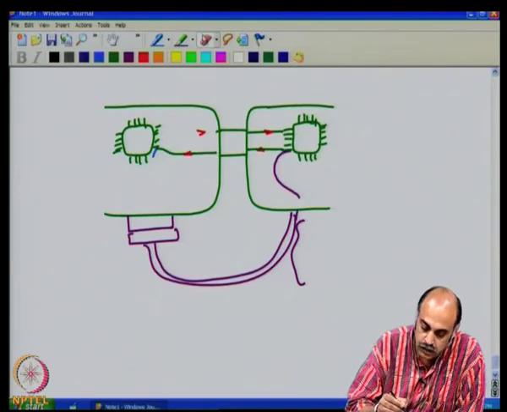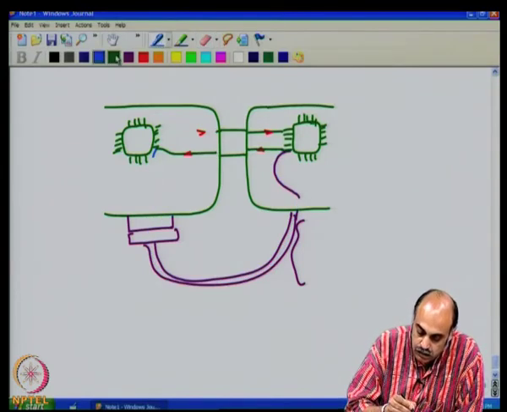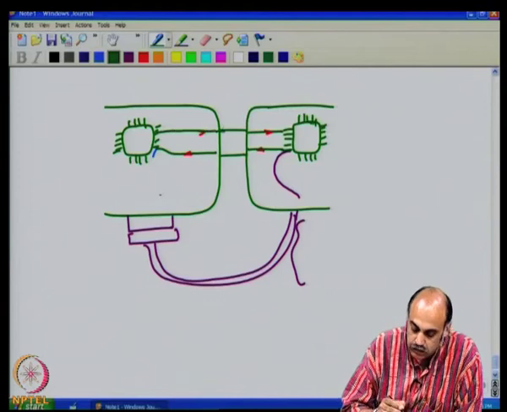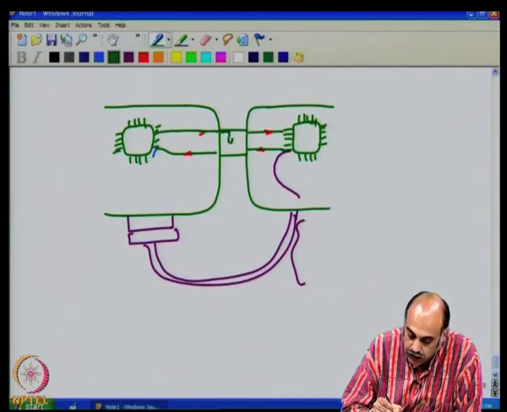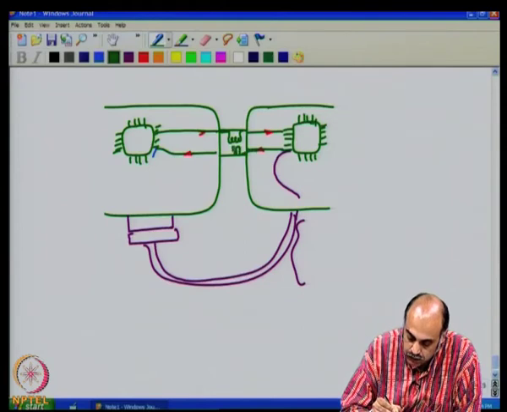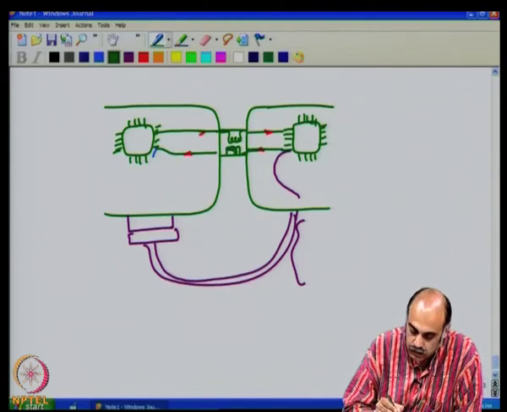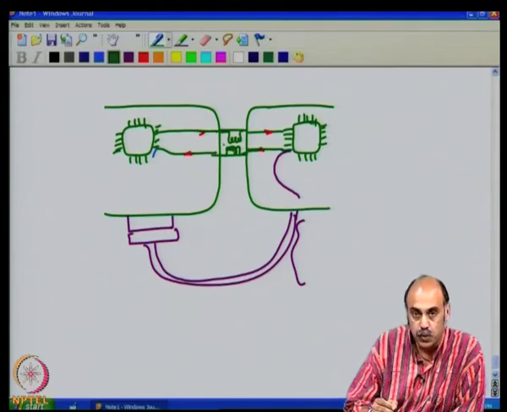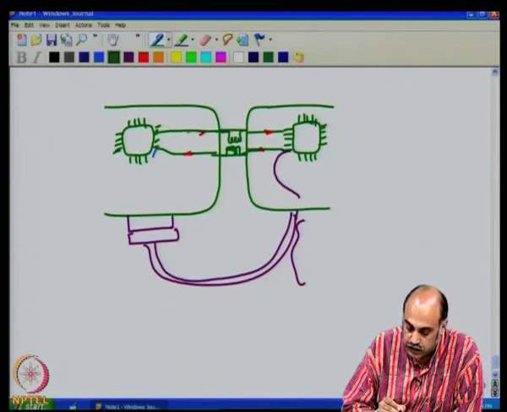Yeah. We could have a common mode choke, where for these two lines together, forward and the return, they cancel each other.